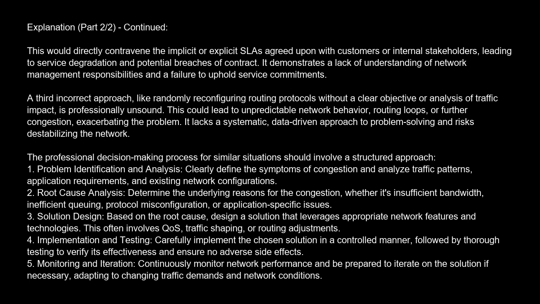Solution design. Based on the root cause, design a solution that leverages appropriate network features and technologies. This often involves CoS, traffic shaping, or routing adjustments. 4. Implementation and testing. Carefully implement the chosen solution in a controlled manner, followed by thorough testing to verify its effectiveness and ensure no adverse side effects.